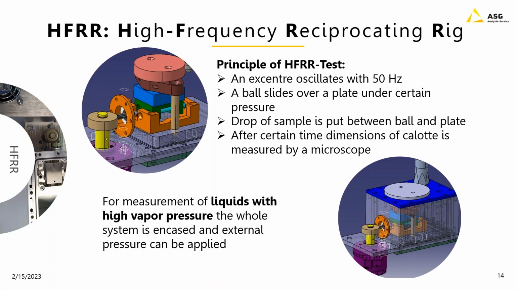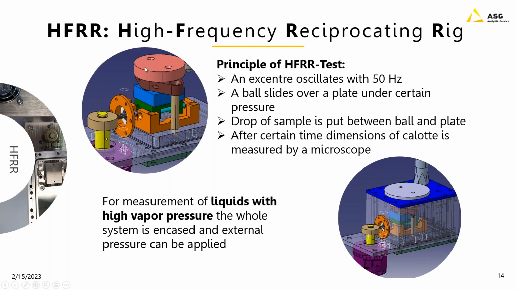Another one which I mentioned before was the HFRR. The principle of this technique is an excenter, which you can see here on the scheme, oscillates with 50 Hertz, and inside here there is a ball that slides over a plate under certain pressure.